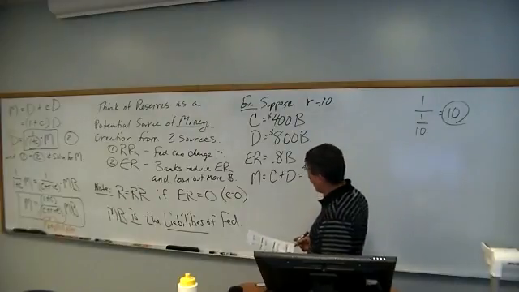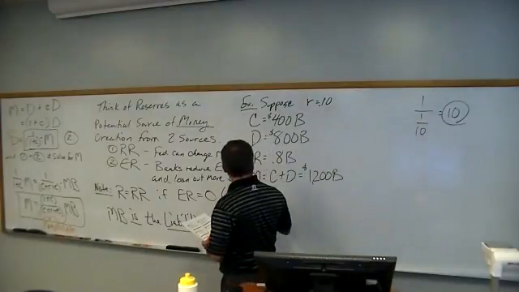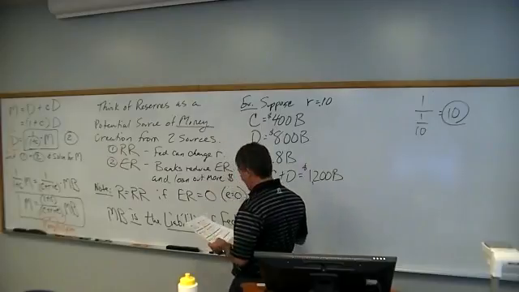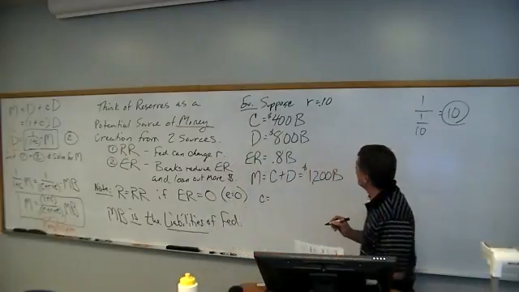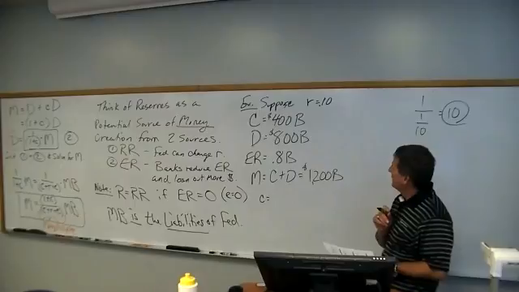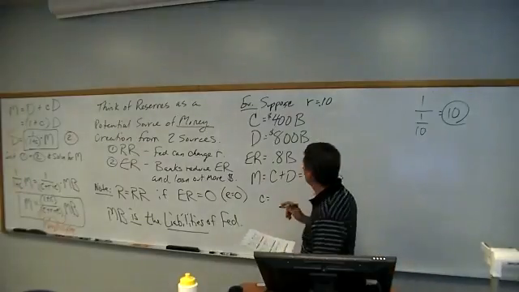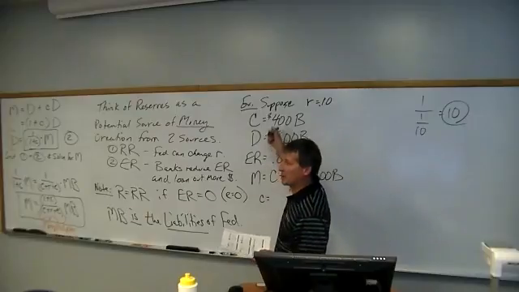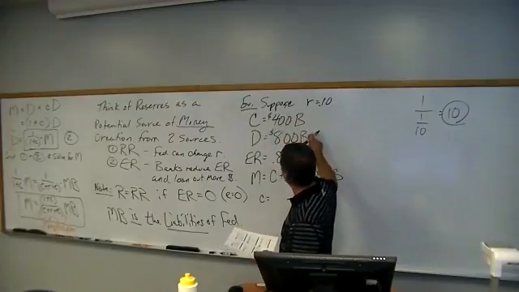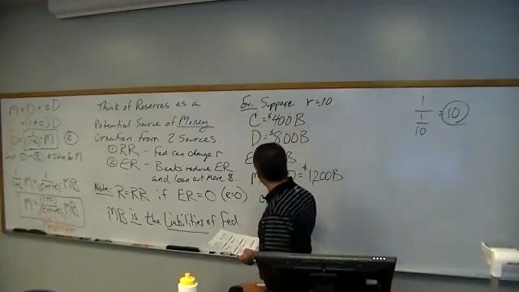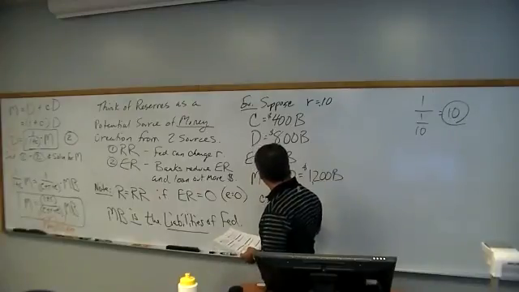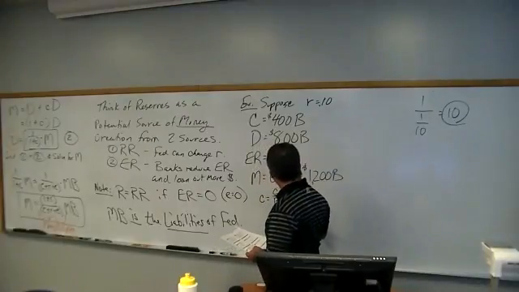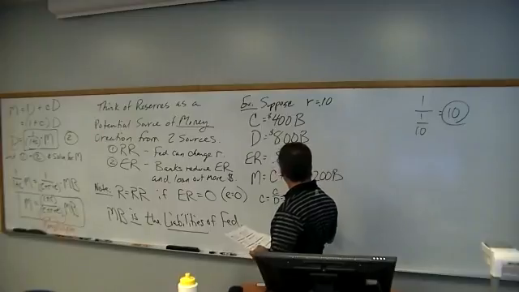All right, so what is little c? 0.5, right? So little c is this fraction. We know this one and we know this one. So we've got big C over D, 400 over 800 equals 0.5.